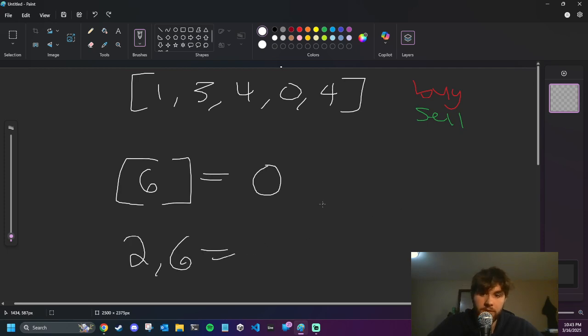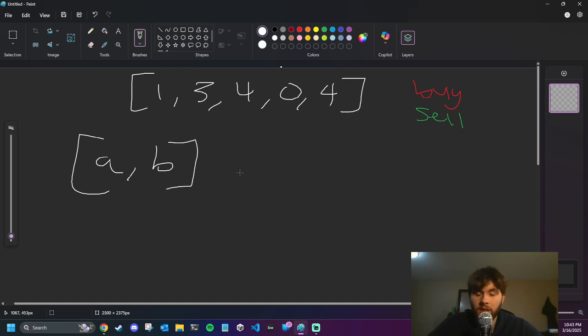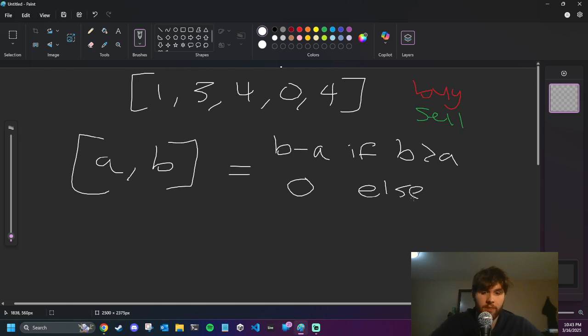So in other words, if our subproblem is 2 days with a value A on the first day and B on the second, our maximum profit is B minus A if B is greater than A. Otherwise, it's 0. So this is our base case.